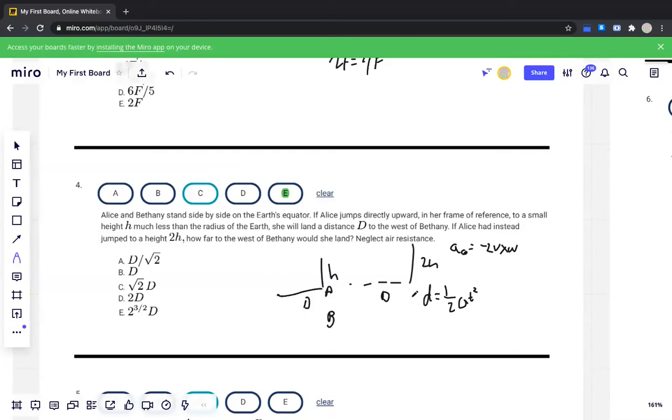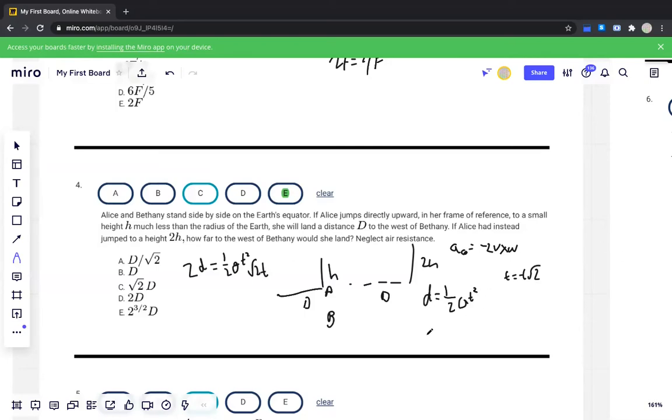So now let's try finding the time. The time it takes for her to reach the ground again if she jumps to a height 2h compared to a height h will be t times root 2. You multiply the time by root 2 because the formula is h equals 1/2 g t squared. So if you're multiplying the height by 2, then the time will have to become root 2 t in order for the equation to hold.